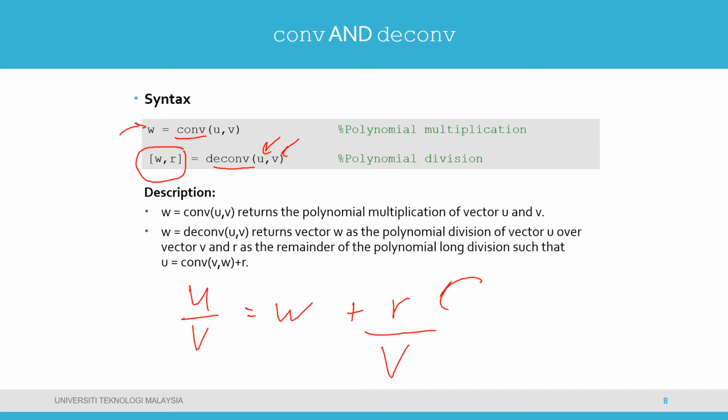I will give you an example later. Make sure you know what w and r mean. This one is the remainder, sorry, not residual, remainder of the polynomial long division. So basically you divide it and you add the remainder divided by the divider v.